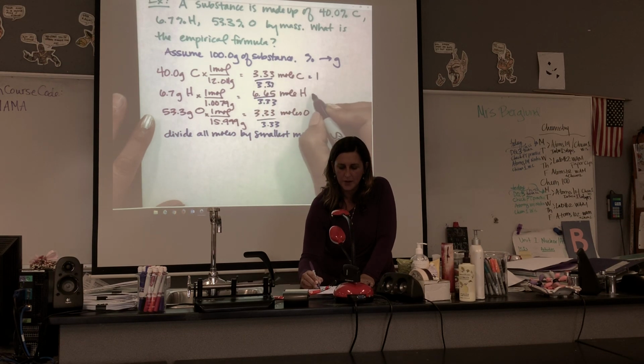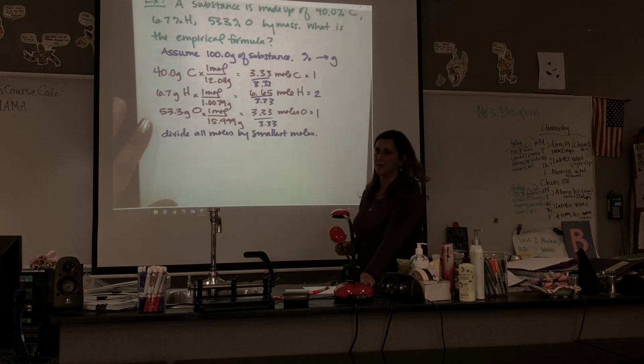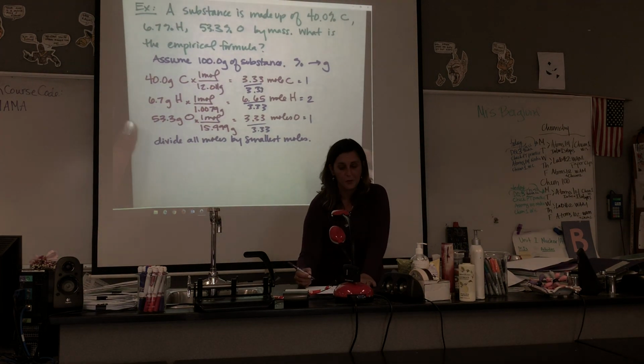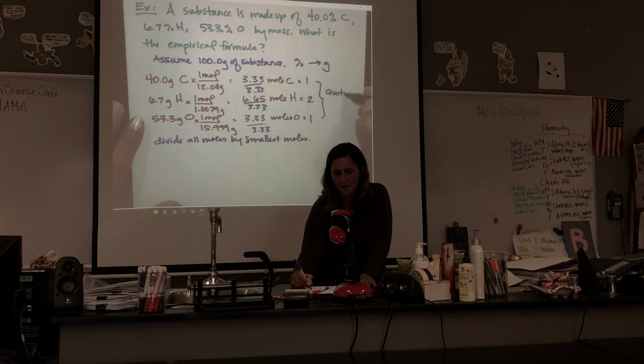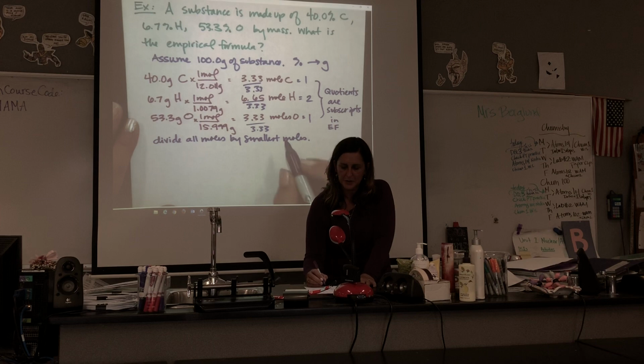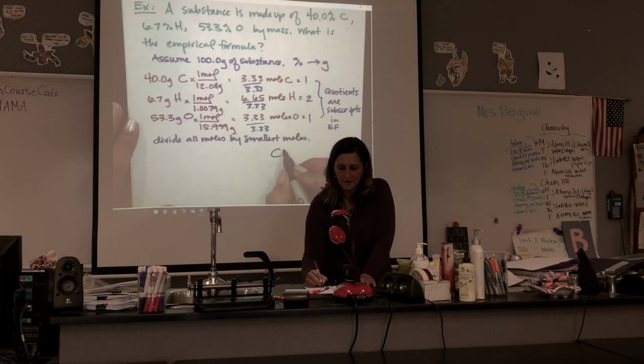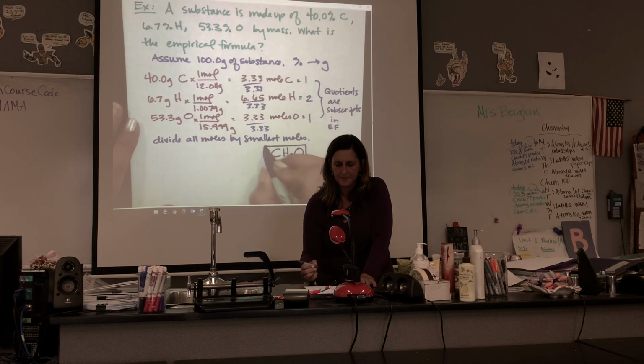And that gives us a 1, a 2, and a 1 ratio. So our empirical formula, these guys, the quotients, I guess you would call them, are the subscripts in the empirical formula. So our empirical formula would come out to be 1 carbon, 2 hydrogens, and 1 oxygen.